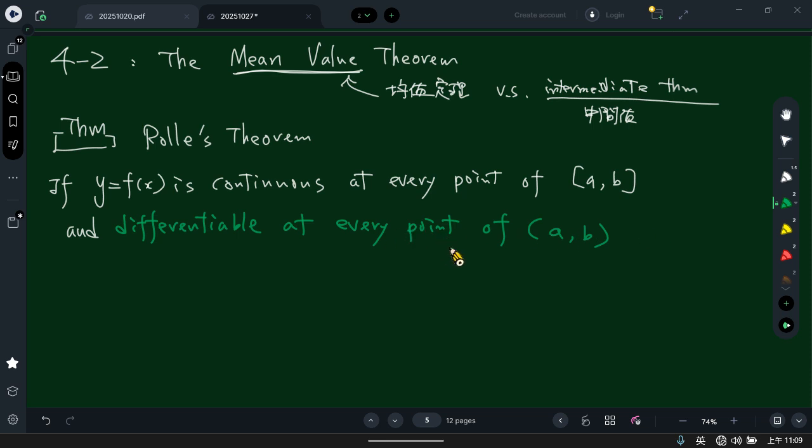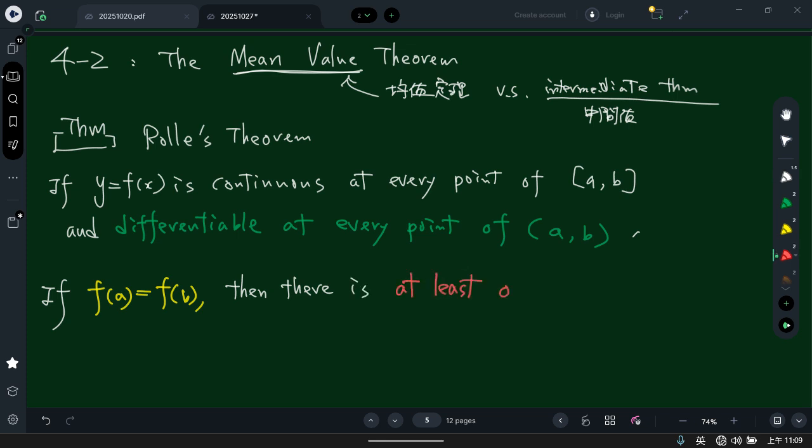In this case, if f of A is equal to f of B, then there is at least one number C in AB at which f prime C is equal to 0.